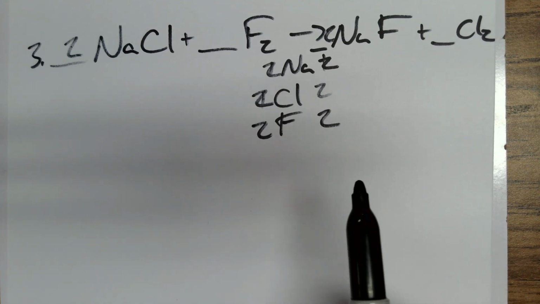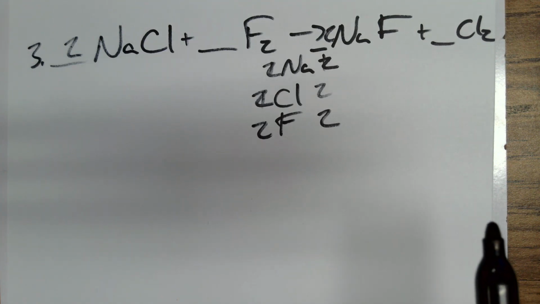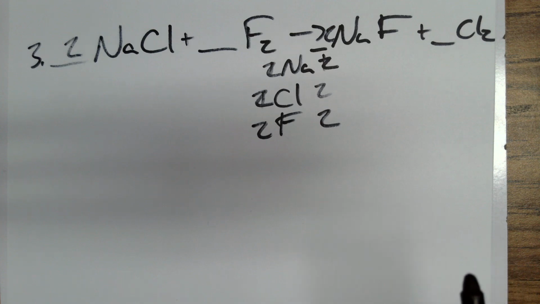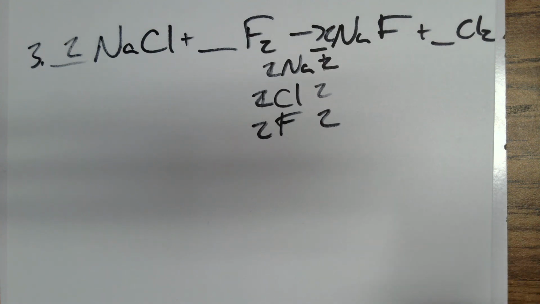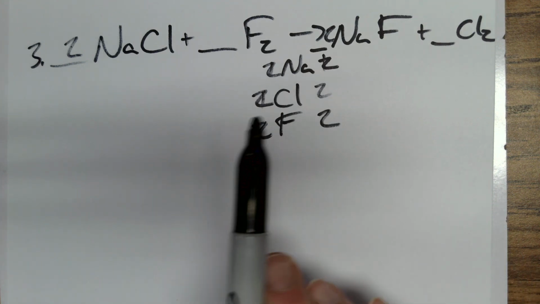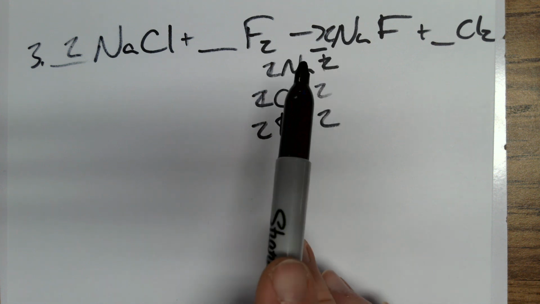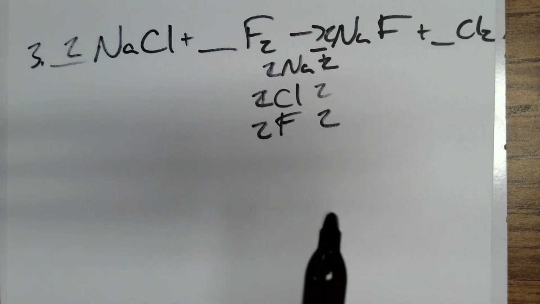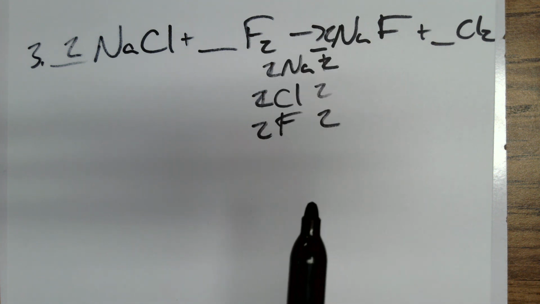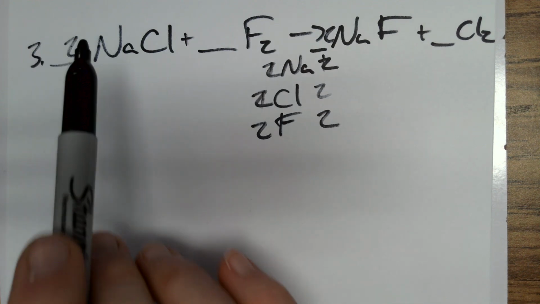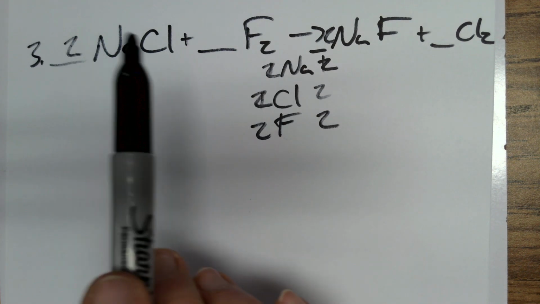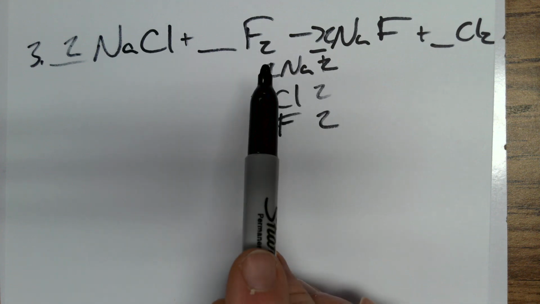We can do it on a separate piece of paper. Yeah, you can do it on a separate piece of paper. That's fine. I'm not against you doing it on a separate piece of paper. Just make sure you bring in that piece of paper. Putting it underneath the yield side, the arrow, breaking it down. I have a sodium atom, I have a chlorine atom, I have a fluorine atom.